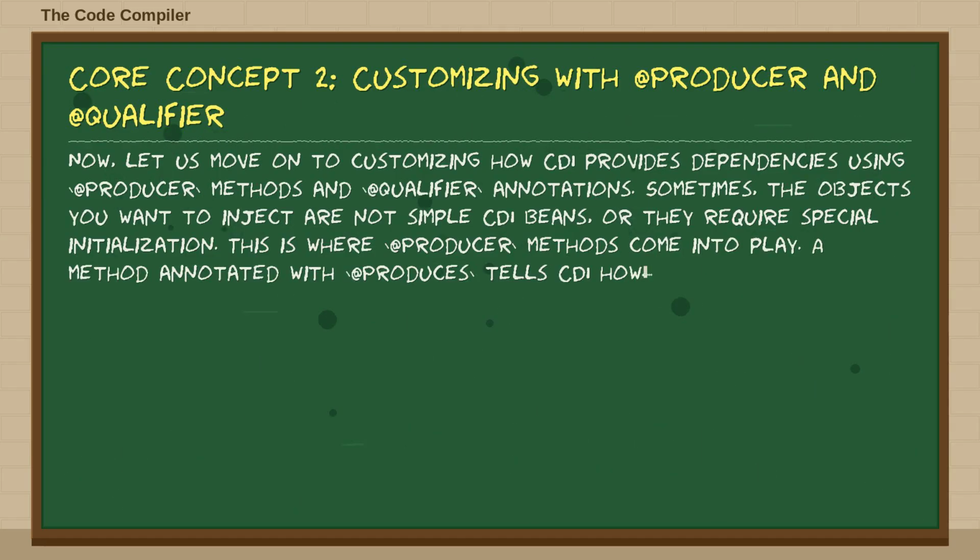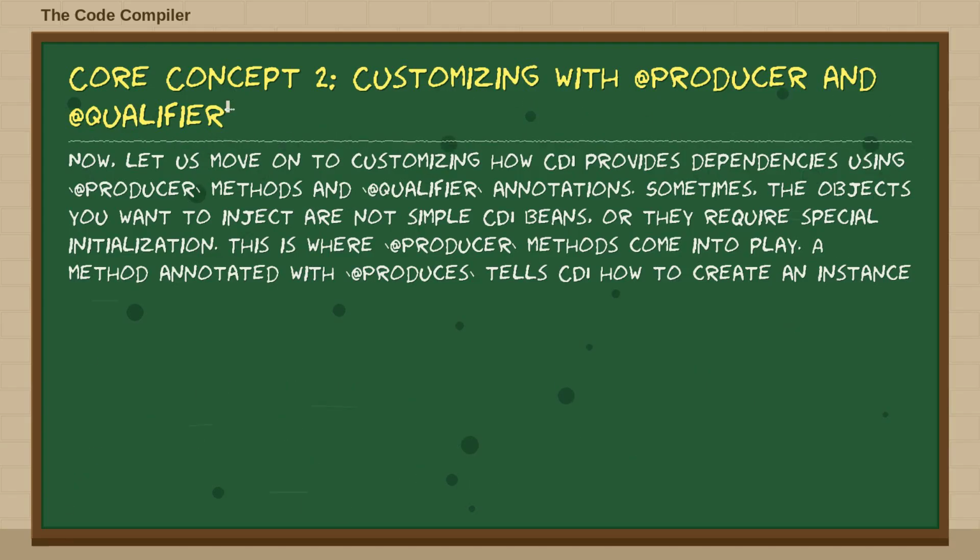A method annotated with @Produces tells CDI how to create an instance of a particular type. For example, you might need to produce a database connection or a configuration object that needs specific setup. The @Produces method will return the instance, and CDI will manage its lifecycle.